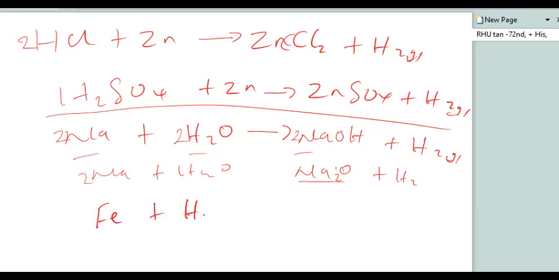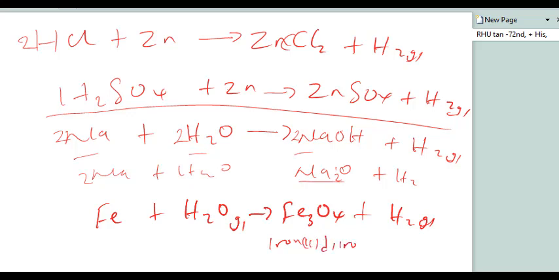Iron plus steam, H2O gas, will give us Fe3O4 plus hydrogen gas. This is tri-iron tetroxide, which is what is produced. In that case, we need to balance this. This has to be 4 water now, since we have 4 oxygen there.